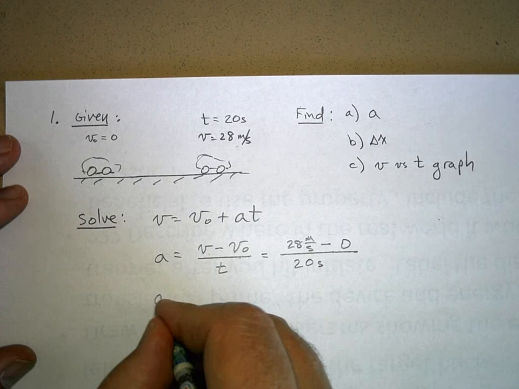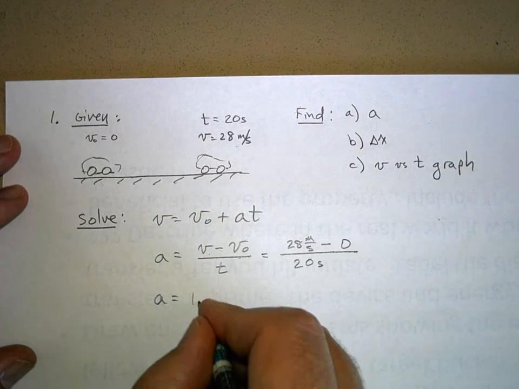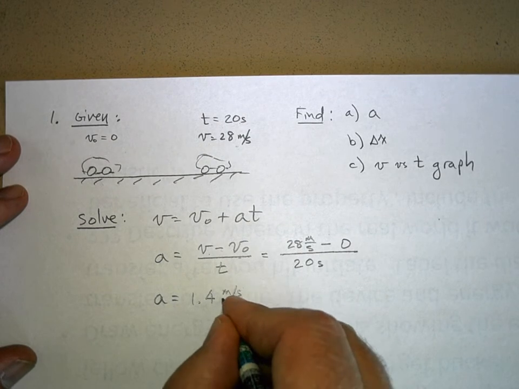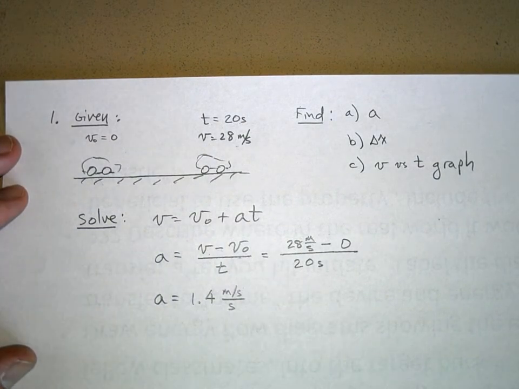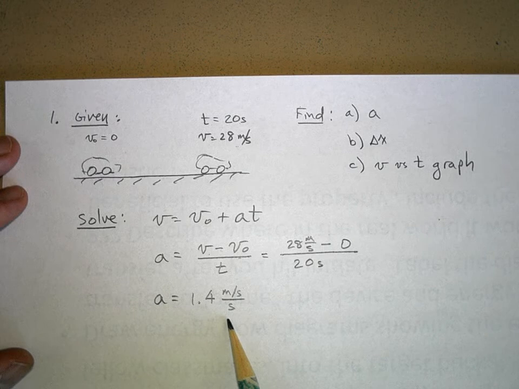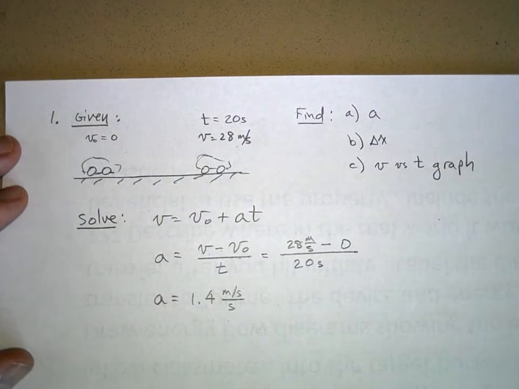And so my acceleration is 1.4 meters per second every second. So if I increase my velocity by 1.4 meters per second every second, and I do that for 20 seconds, and I start from rest, I'll be going 28 meters per second at the end.